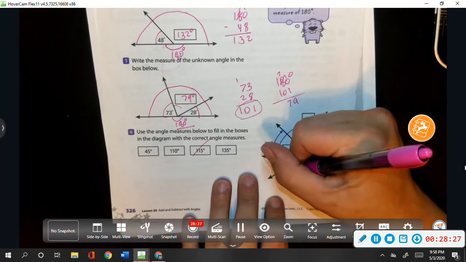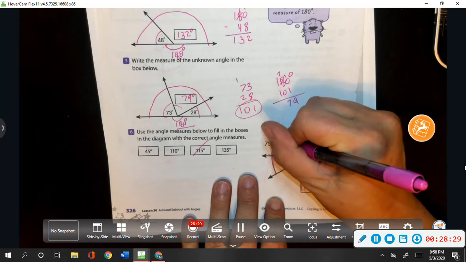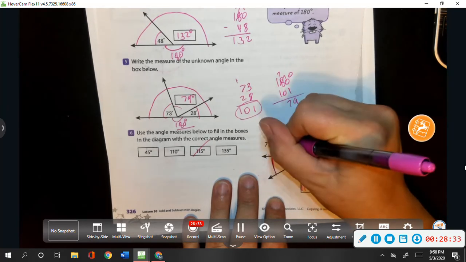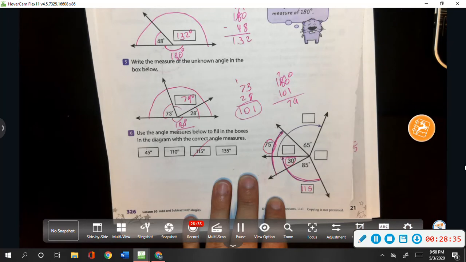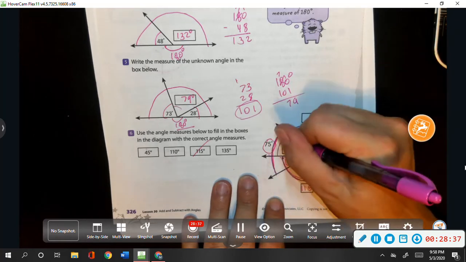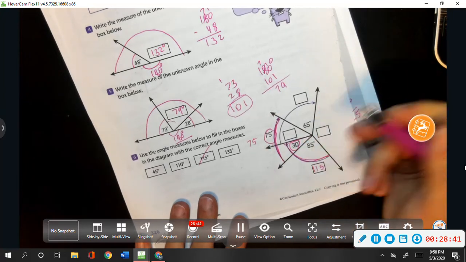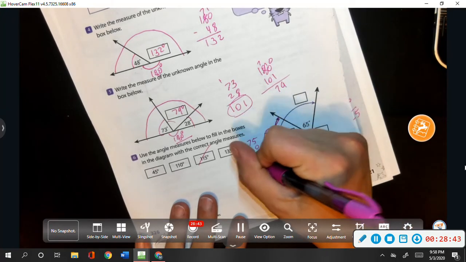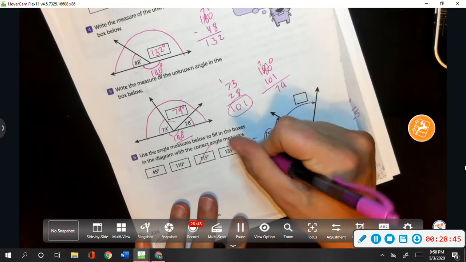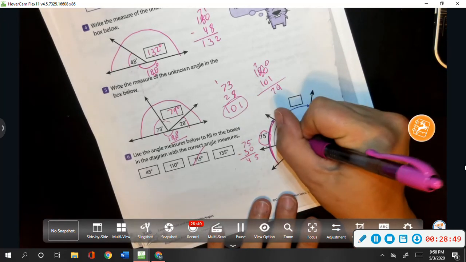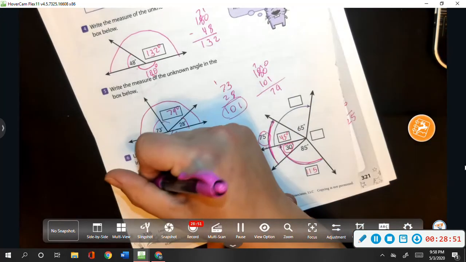This looks like, so we're talking about this angle now. We have 30 degrees and 75 degrees. So our large angle is 75 degrees, and we're going to have to subtract 30 from it. That'd be 5 and 4. So this would be our 45 degree angle.